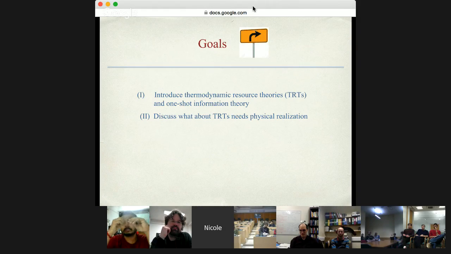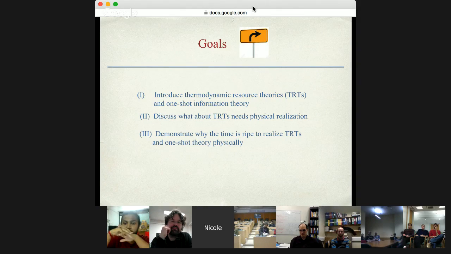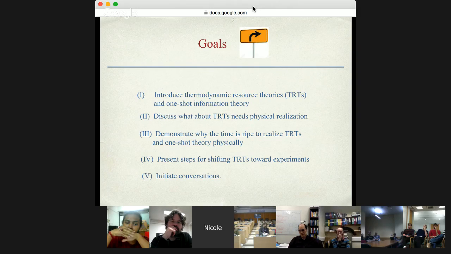I'll discuss what about them we might want to look for. I'll argue that now is the time to try to observe these effects experimentally. I'll offer some suggestions and some questions that can help us bridge the gap from the theory to the physical realization. What I really would like to do is initiate conversations between theorists and experimentalists and within the theory community itself.